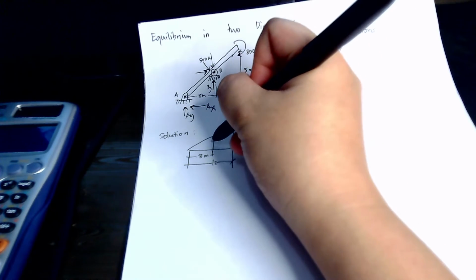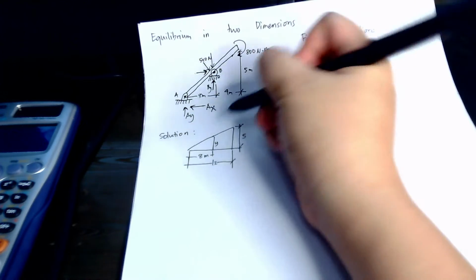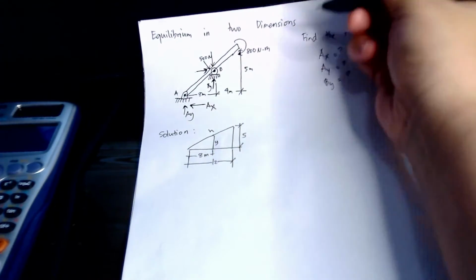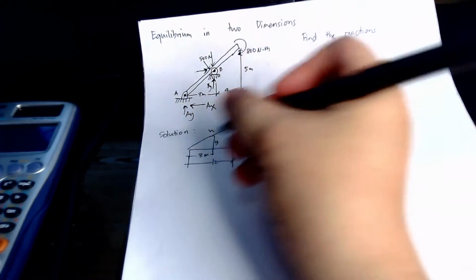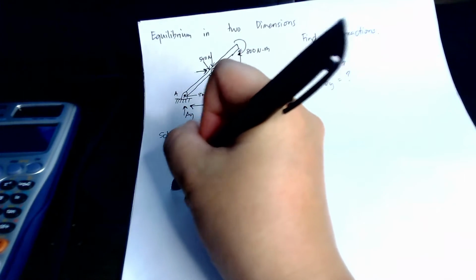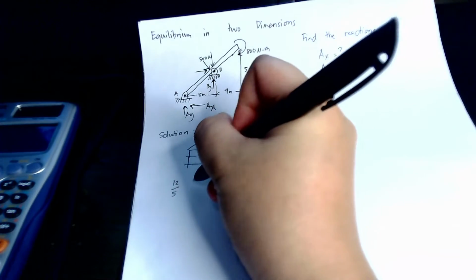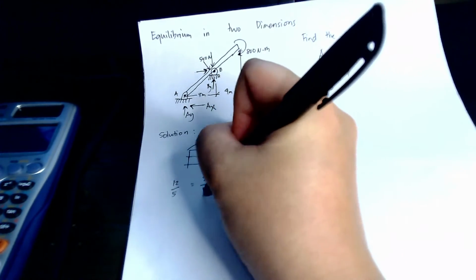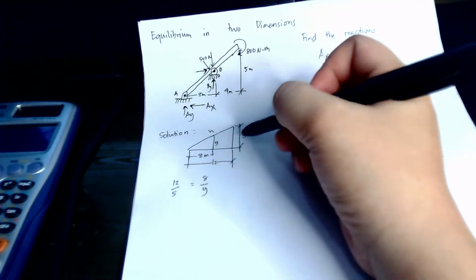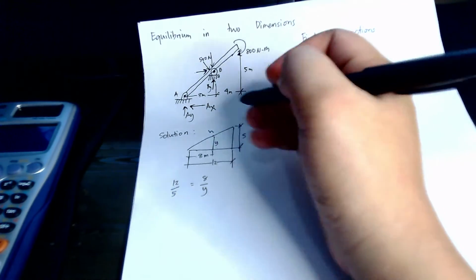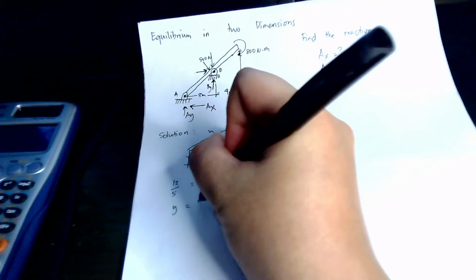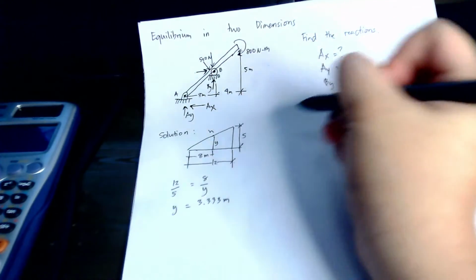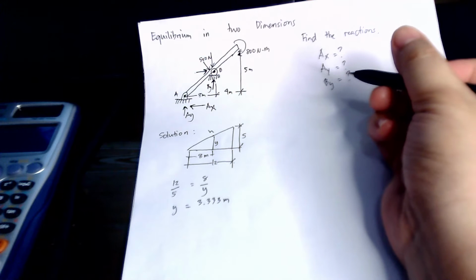Our Y is unknown and our hypotenuse is unknown. By the power of similar triangles, 12 is to 5 as 8 is to Y, and you will get Y equal to 3.333 meters.